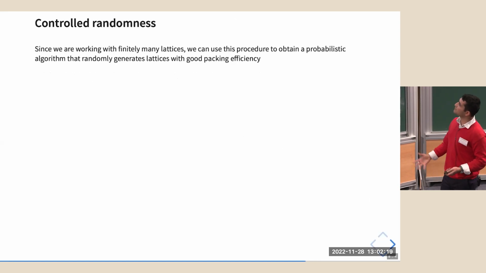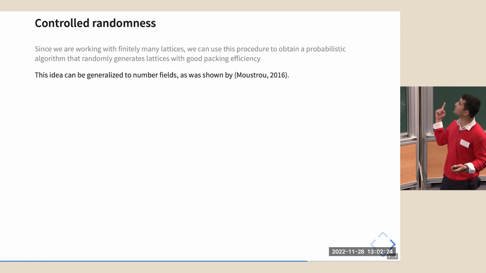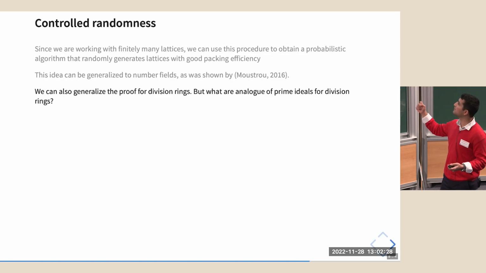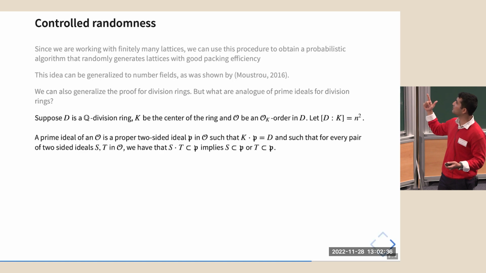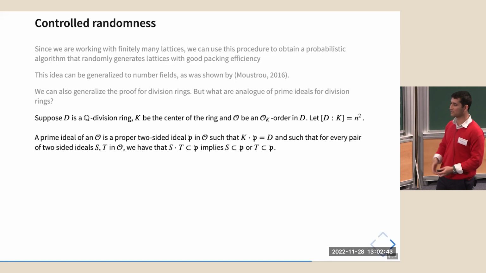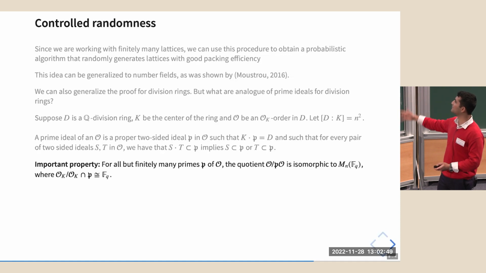So you can play the same game of discretizing this homogeneous space with Venkatesh's result, and this was done by Moustrou in 2016. Can we also do this for division rings? Yes, but you need some sort of prime ideals for division rings. Fortunately, there exists an entire theory of prime ideals for division rings. In fact, there is this book of Reiner, and if you read chapters 3 and 4, you can learn all this jargon.